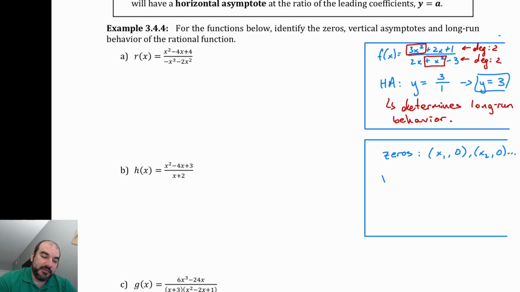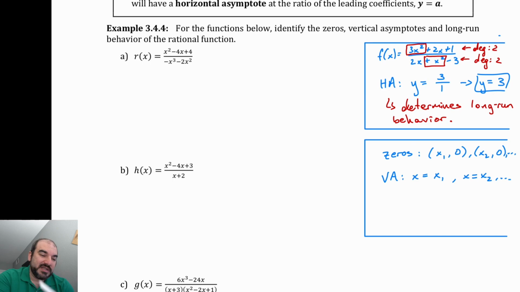When we're listing vertical asymptotes, on the other hand, we're going to list those as x equals x1, x equals x2, and so on.